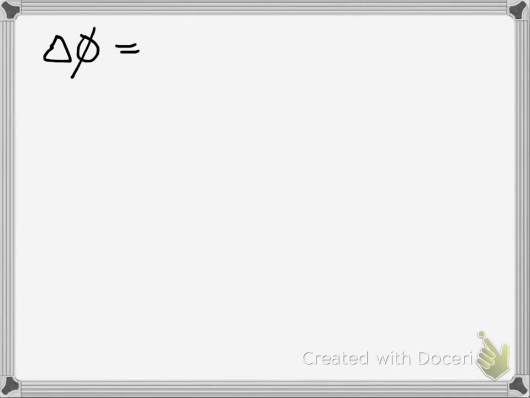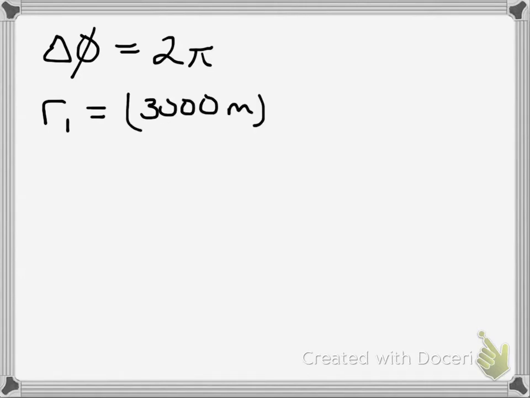So our phase difference is going to be the normal 2 pi, because we're talking about that first maxima point. Our horizontal distance was the 3,000 meters. Our vertical distance for R1 was, again, 60 meters minus the 25 meters.